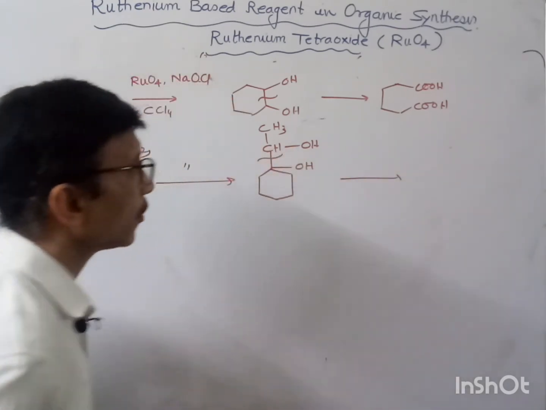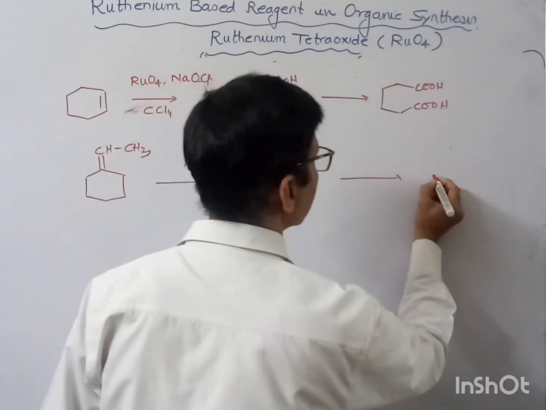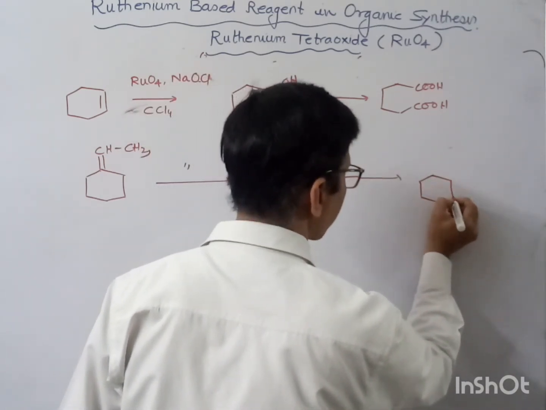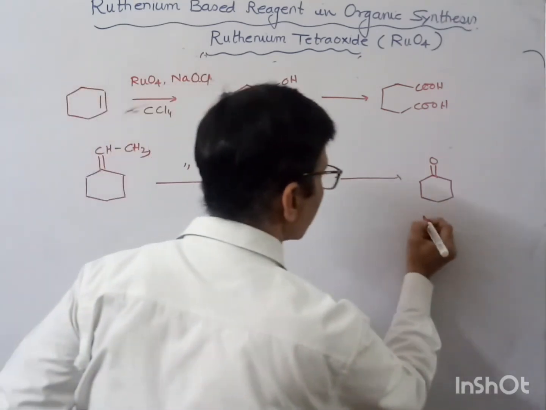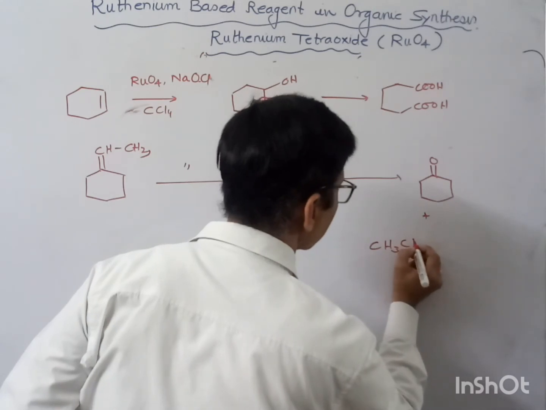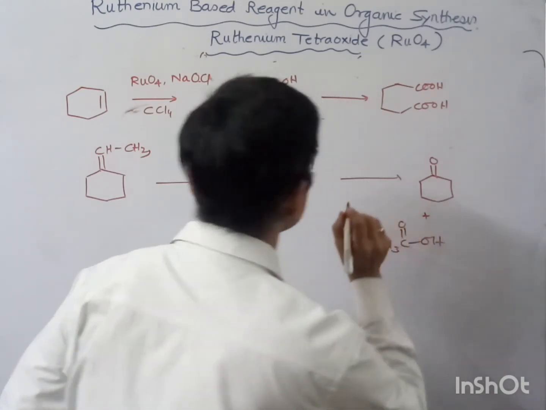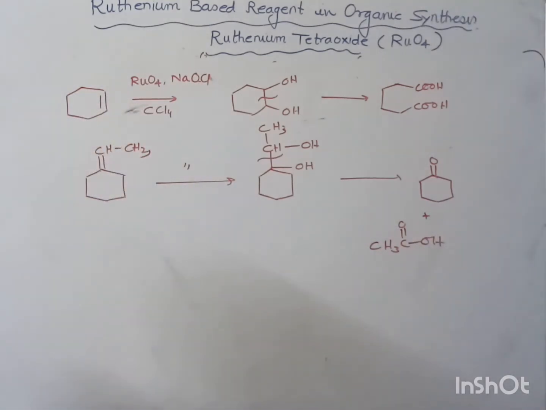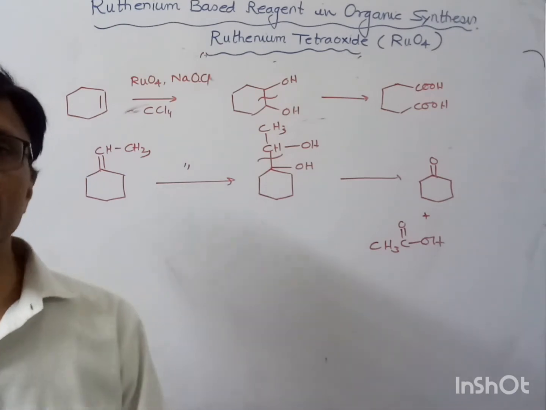Now break this bond, and this part, being a secondary alcohol, would be converted into ketone, and this one, CH3 CH, would be converted into acid. So this would be the product. So these are some of the examples for the oxidation by ruthenium tetraoxide.